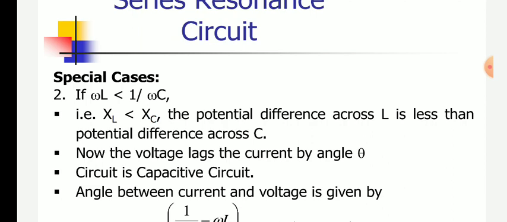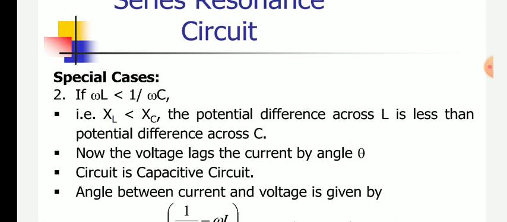Next, the second special case is if omega L is less than 1 over omega C. What it implies? XL is less than XC. That means the potential difference across L is less than the potential difference across C. Now the voltage is lagging the current by an angle theta.